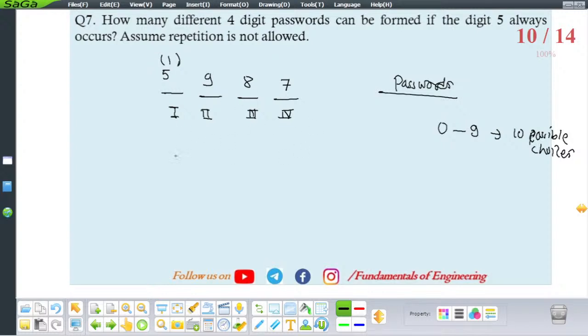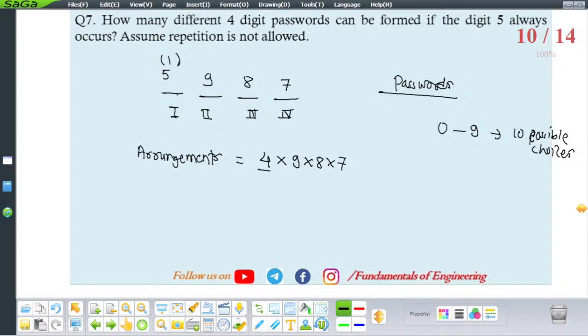All 4 choices will be there. So the possible arrangements: 5 always occurs, so it can occur in 4 ways, and the rest is 9 into 8 into 7. Why 4?